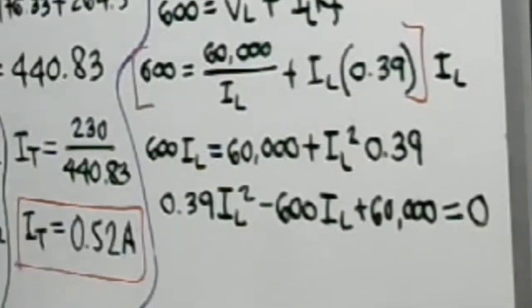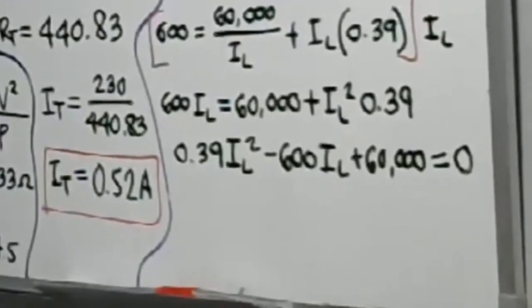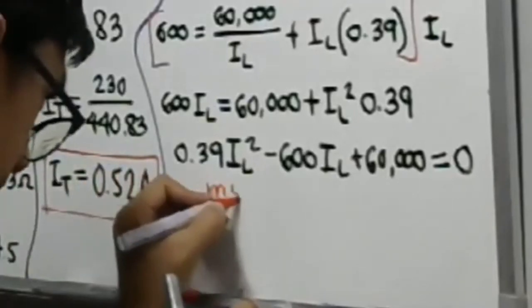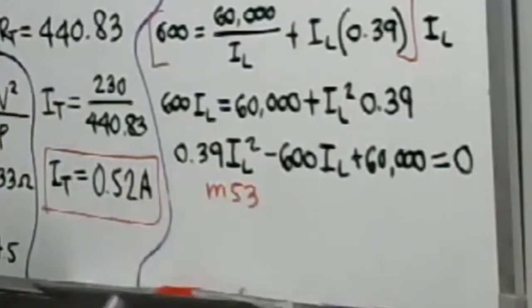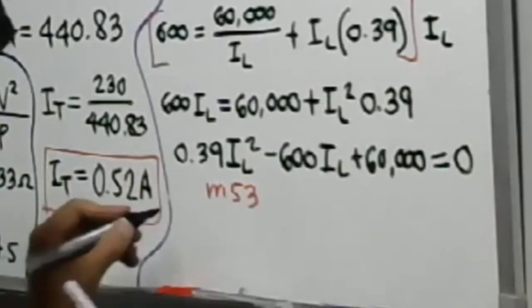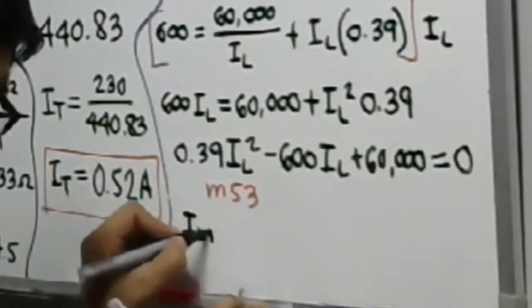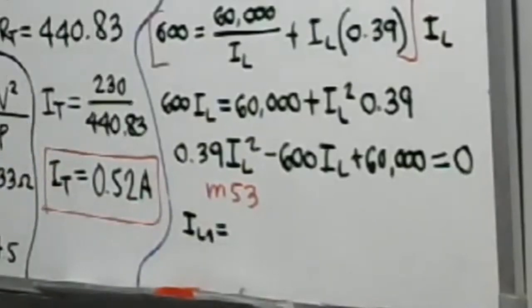There will be two values because this is a quadratic equation. Let us put our calculator into mode 5.3. M is mode, and then we have 5.3. Let us get our first current, IL1.